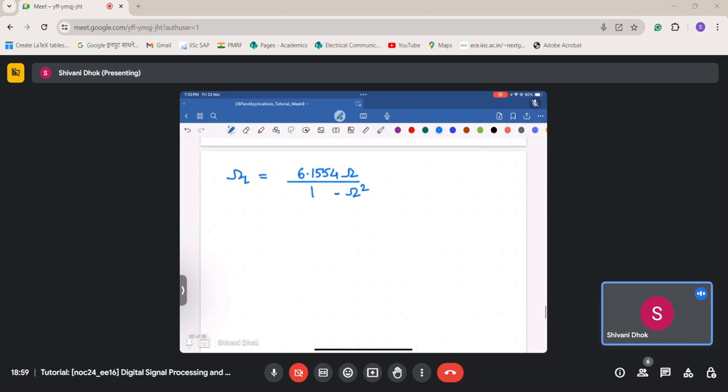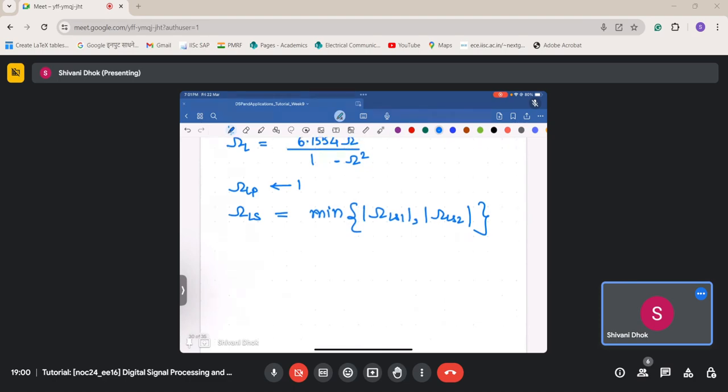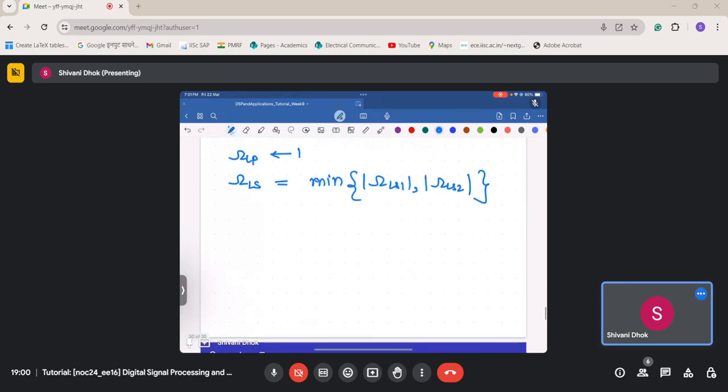So now let us figure out what we have for omega P and omega S. One thing that we had done was this omega LP, we map it to 1, and for omega LS, we find the minimum of magnitude of omega LS1 and omega LS2. Now let us find out what is omega LS1.